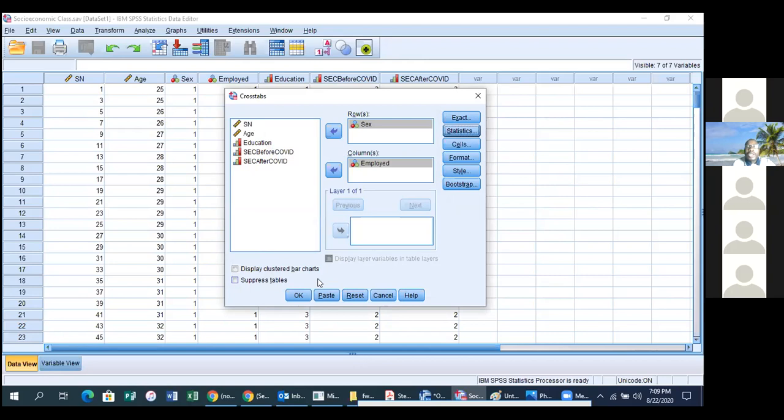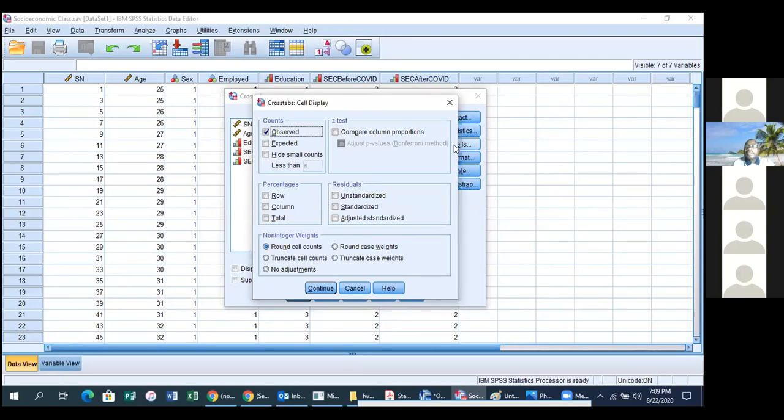Now click on cells. Then click on expected. Click on row percentage. Click continue.